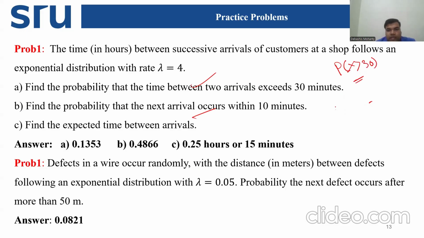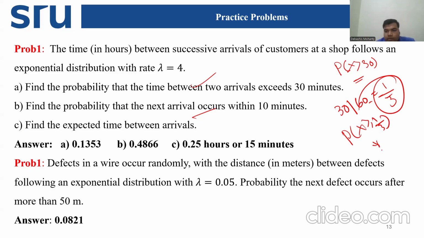Since the exponential distribution is given in hours, we can convert it. 30 minutes means 30 divided by 60. Already we have solved that. So we need to calculate the probability of x greater than or equal to 1 by 3. Exceeds that value means we apply e to the power minus lambda x.